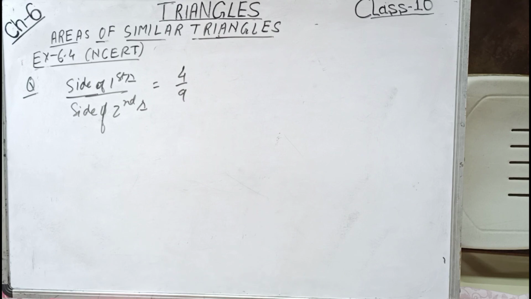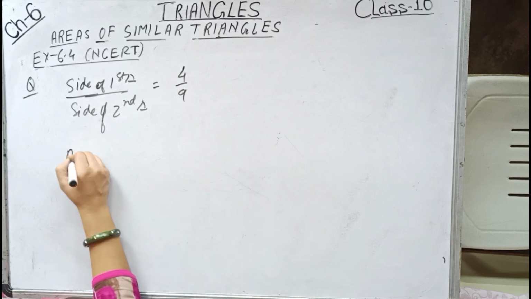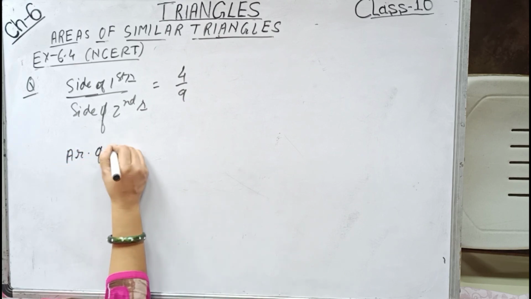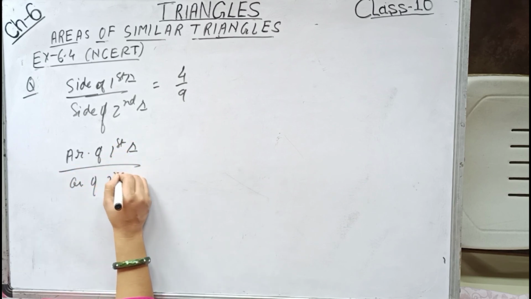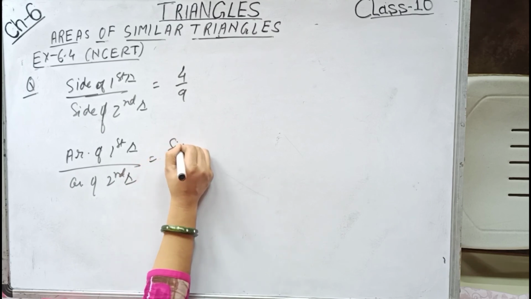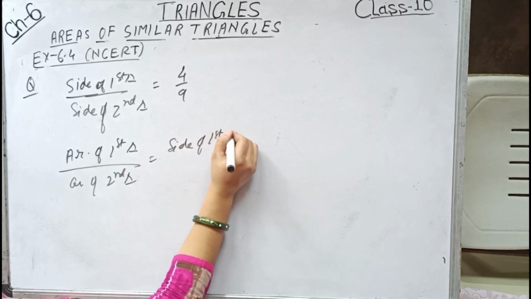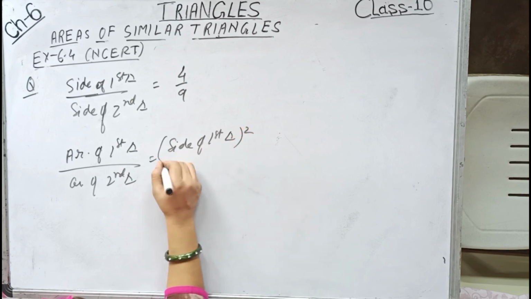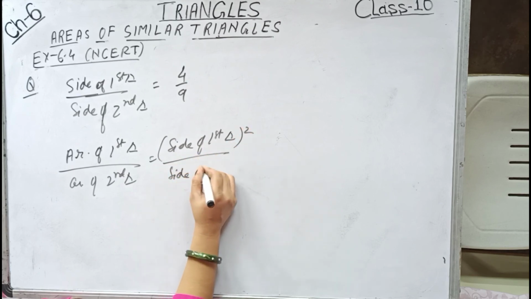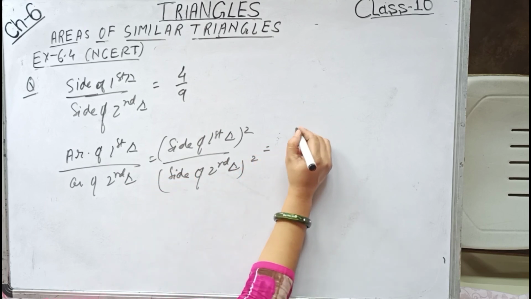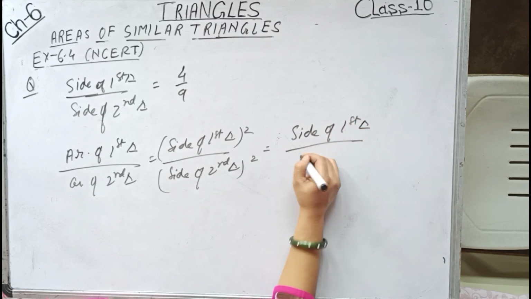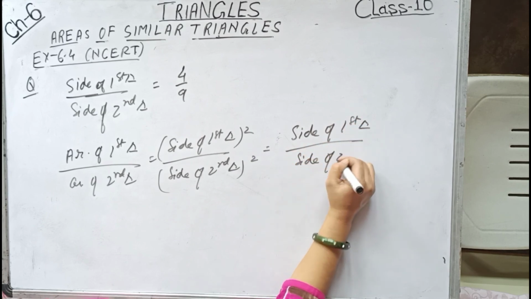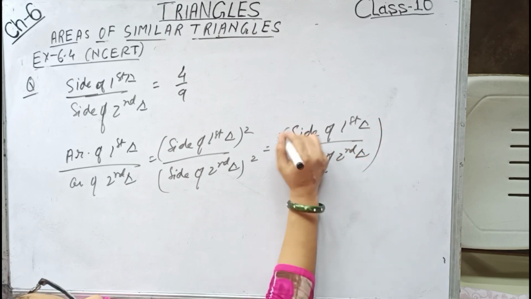Now we have to find ratio of areas of these triangles. So area of first triangle by area of second triangle equals side of first triangle square by side of second triangle square equals side of first triangle by side of second triangle whole square.